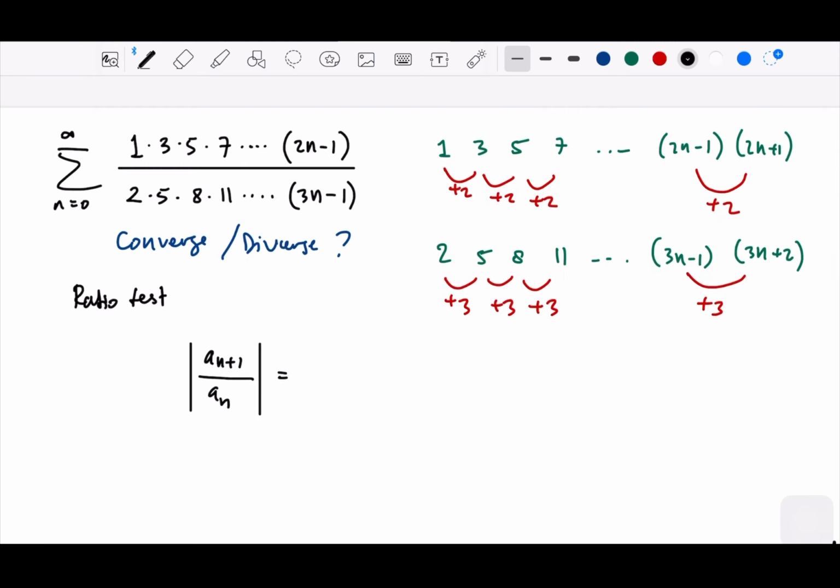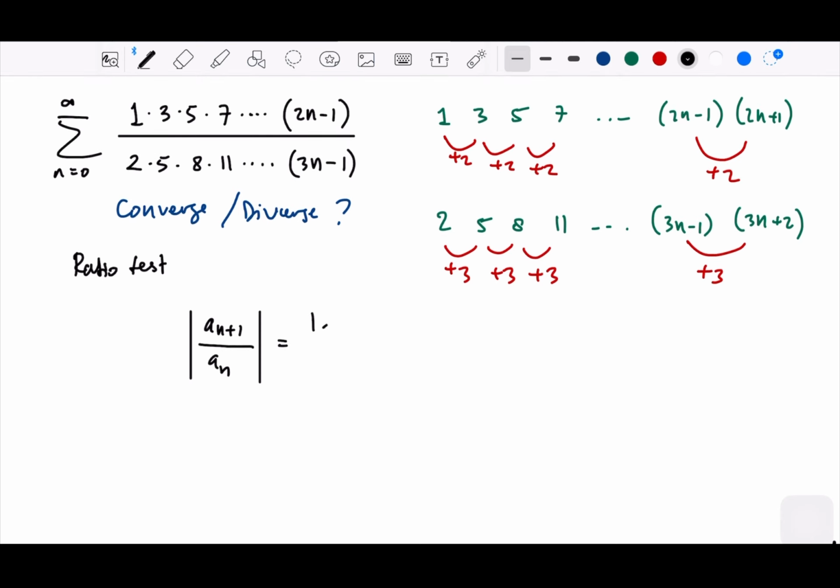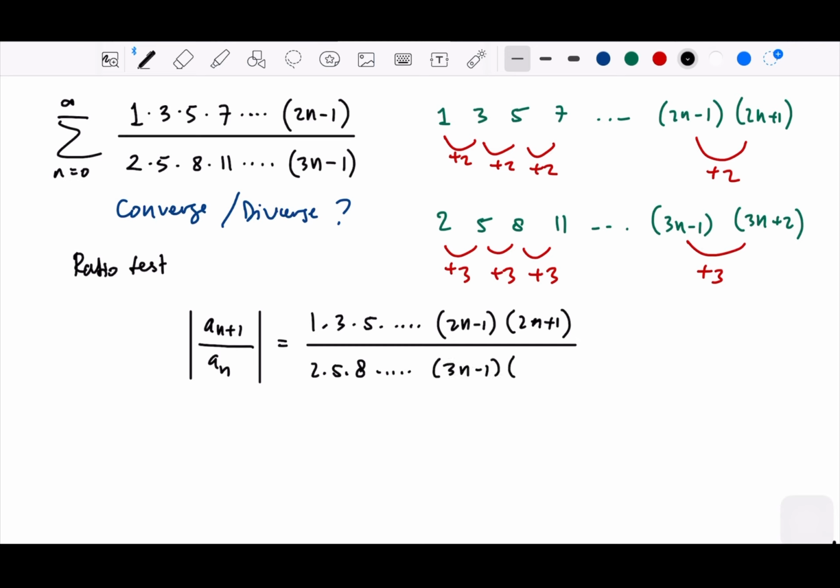So a sub n plus 1 is 1, 3, 5, until 2n minus 1, 2n plus 1. This is n plus 1. Also the same thing here, 3n minus 1, and then n plus 1 is this. Yeah, need to include. It's multiplication.